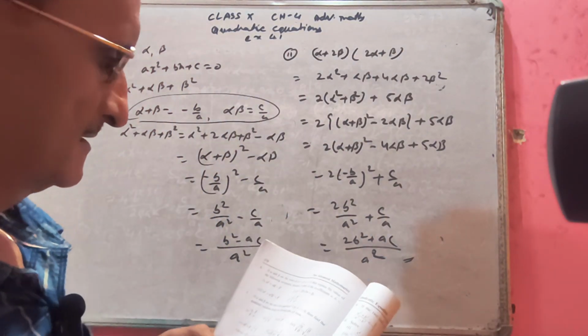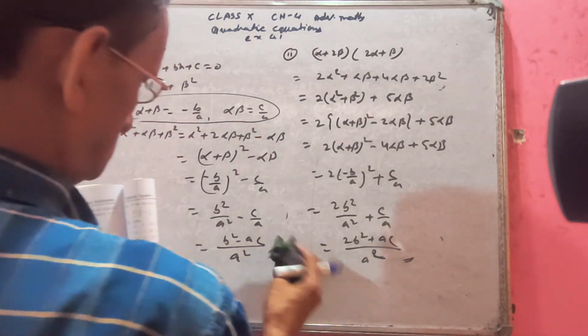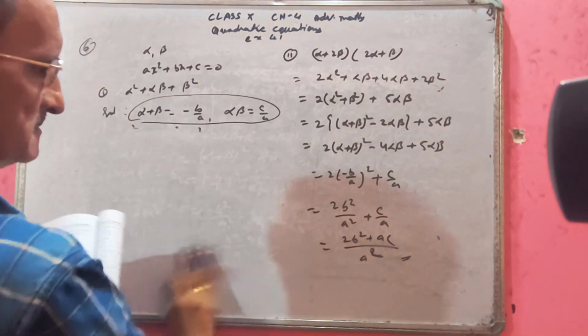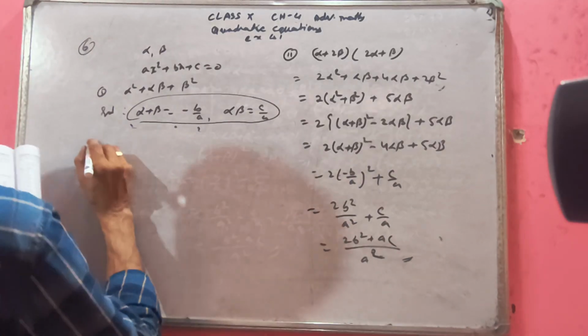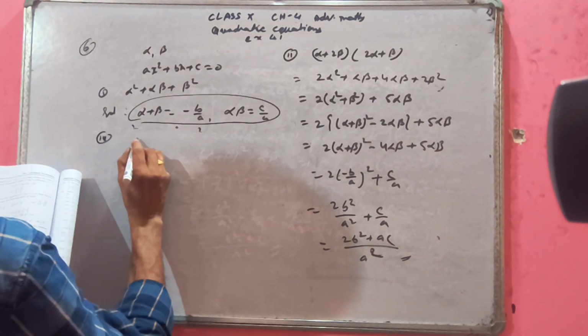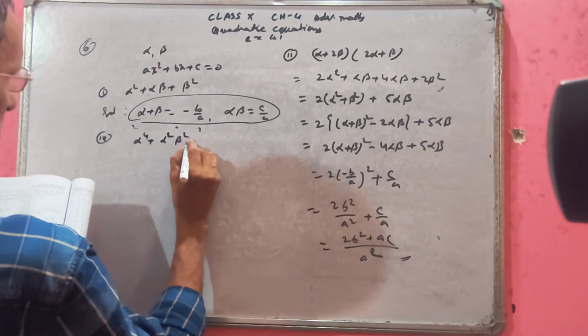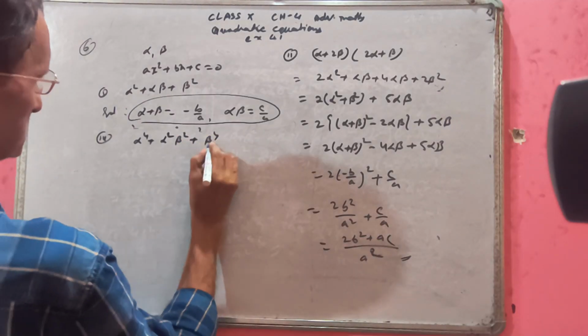Okay. Question number 3 now. In number 3 we need to find alpha 4 plus alpha square beta square plus beta 4.